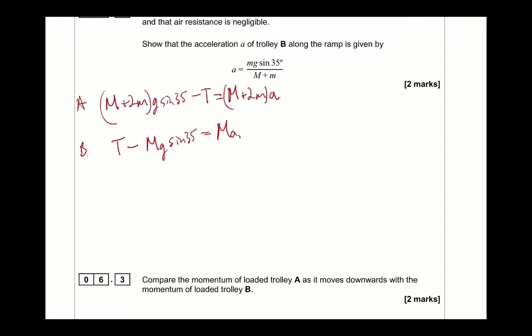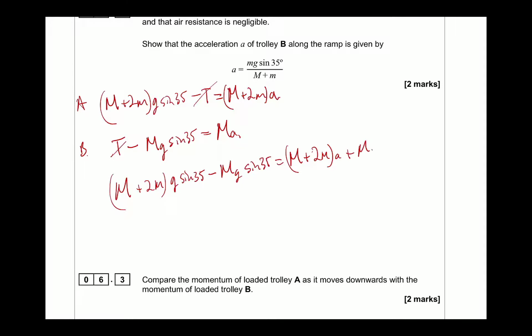If I add together these two formulas, this T and this T are going to cancel out, and I get M plus 2m g sine 35 minus Mg sine 35 is equal to M plus 2m a plus Ma.